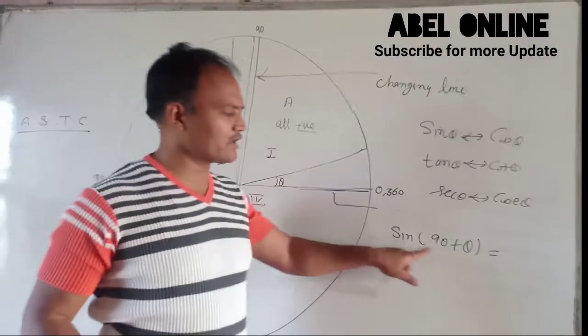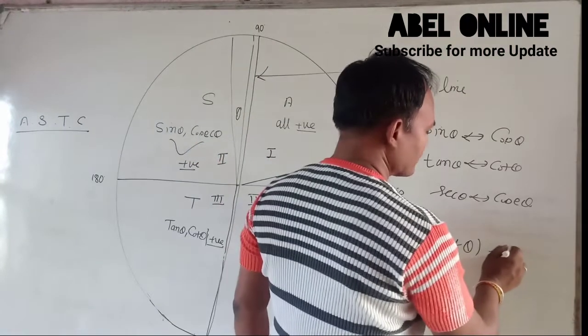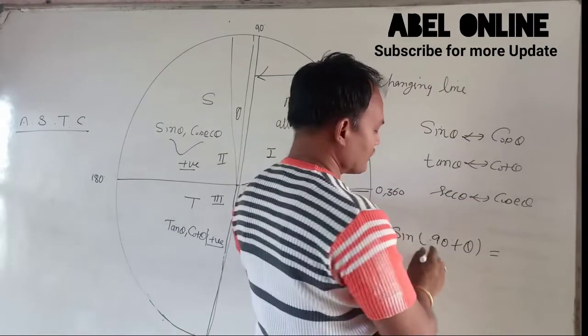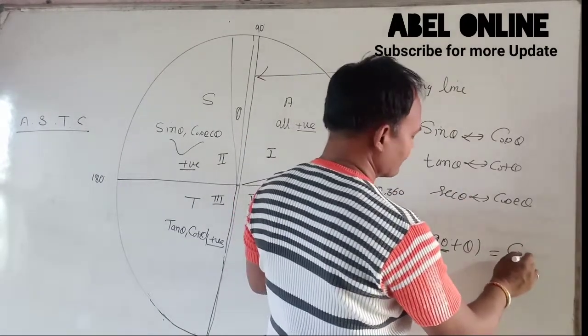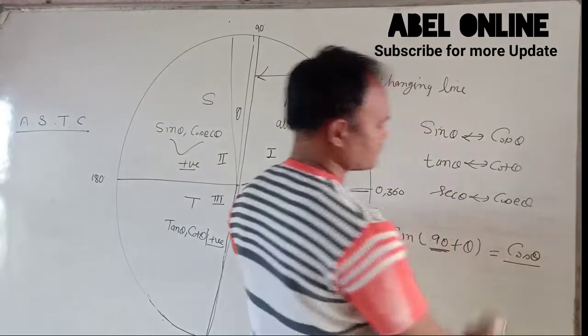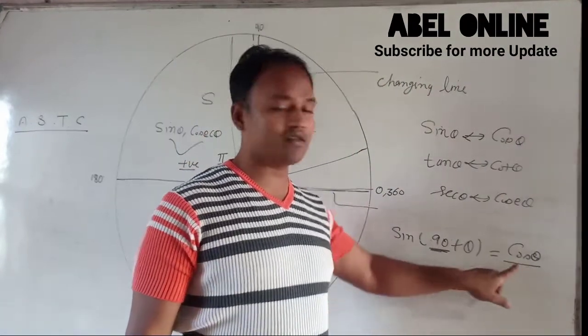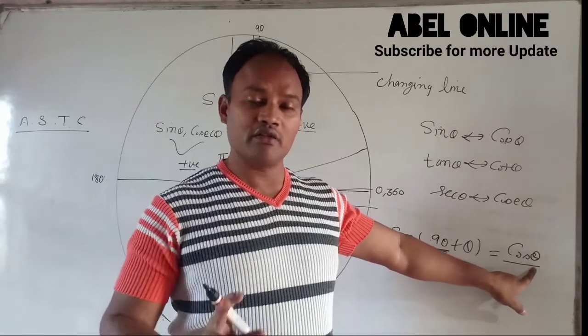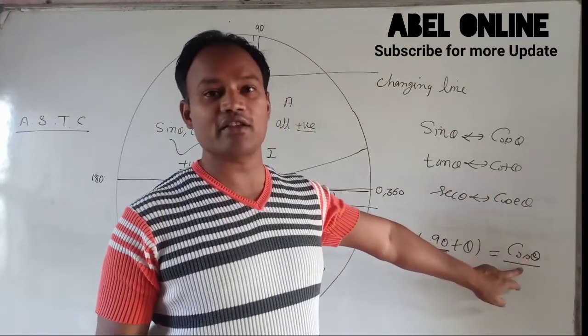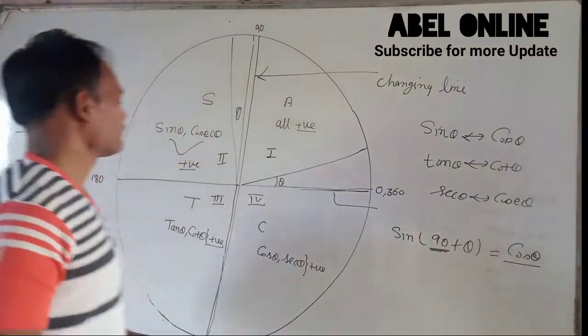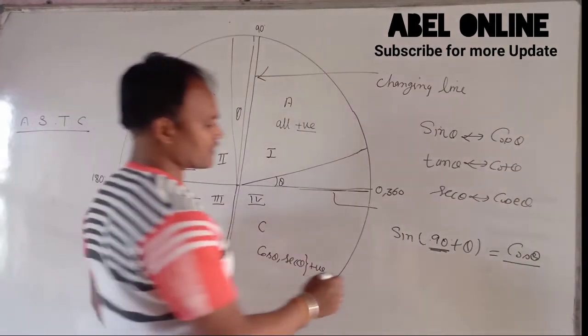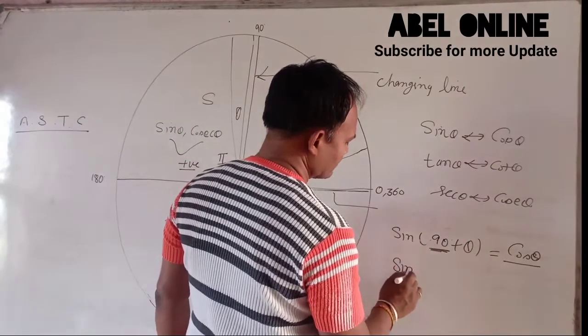So the value of sin 90 plus theta is sin theta, but because of 90 this becomes cos theta. So guys, sin 90 plus theta is equal to cos theta, and the value is positive because this is in the second quadrant.